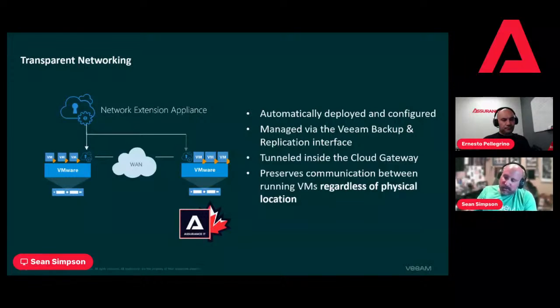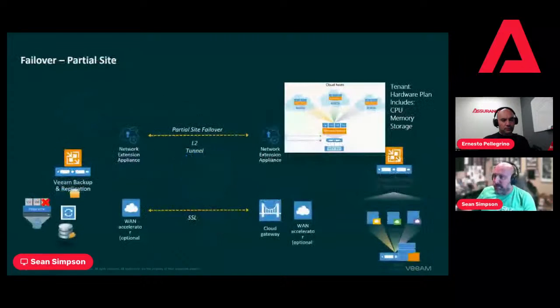But we'll go into a little more detail during a full site failover, how you're probably going to want to establish, in some cases, more of a dedicated network connectivity just from a protection standpoint. But we can talk about that as we go through some of these slides. So as we can see with the partial failover, we lose a VM, virtual server, host server here, and it comes up within Assurance IT.